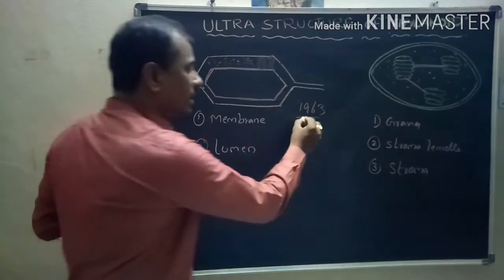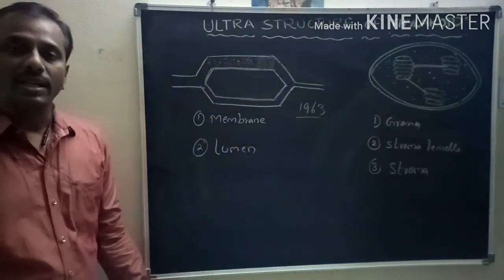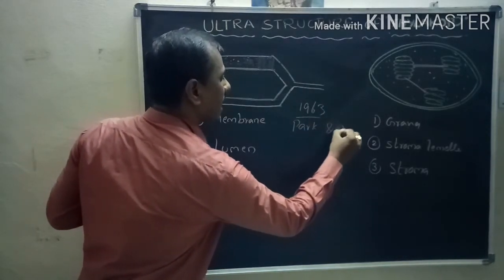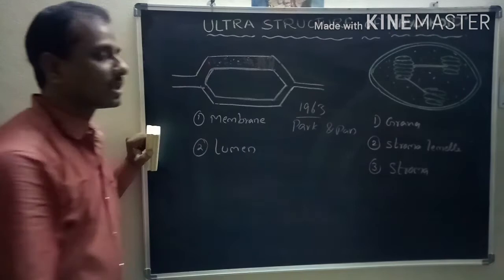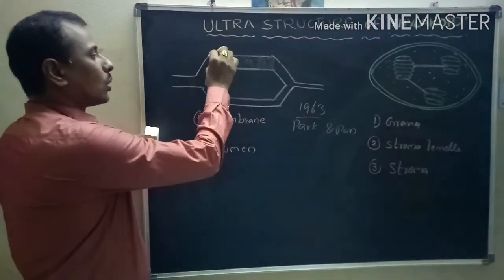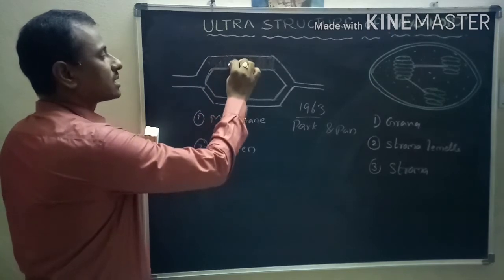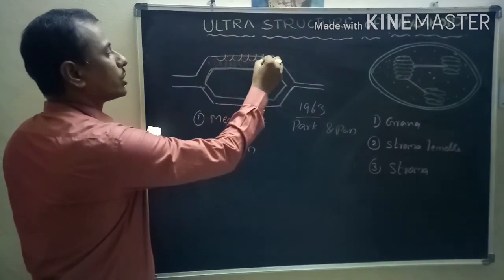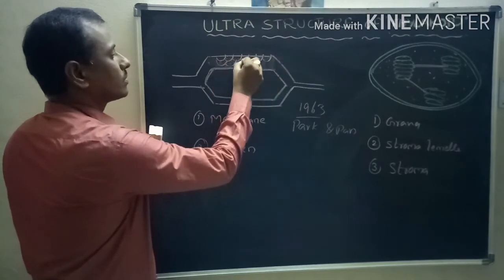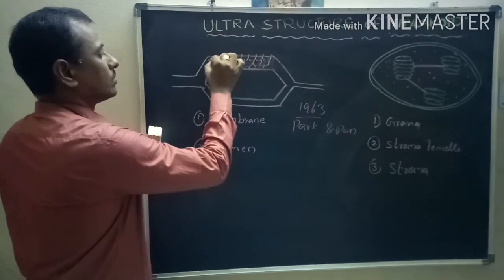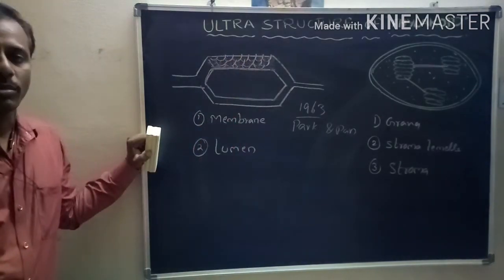But in 1963, the scientists Park and Pan said that it is not a trilamellar model. The total membrane is made up of a number of small granules. These are half-moon structures.